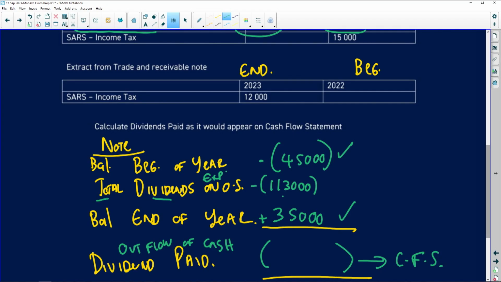Right, I'm now able to calculate my dividends that were paid. Remember, guys, this would carry a few marks, so make sure you're showing your calculations in brackets.